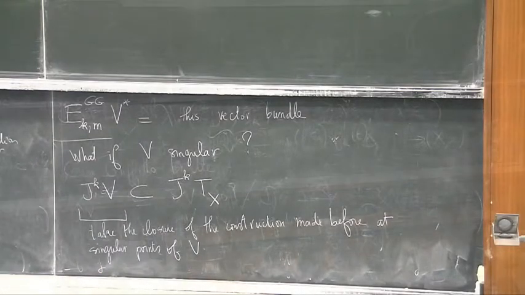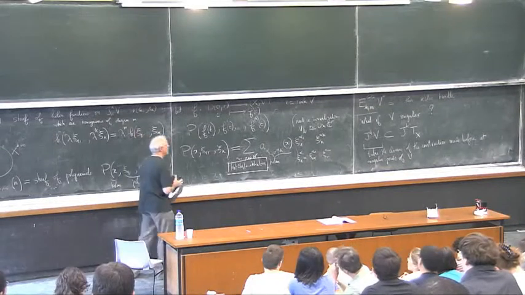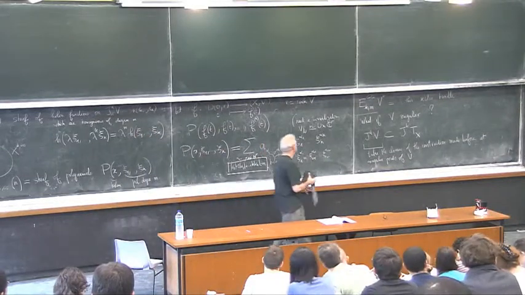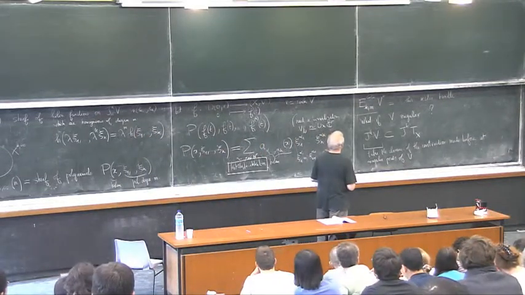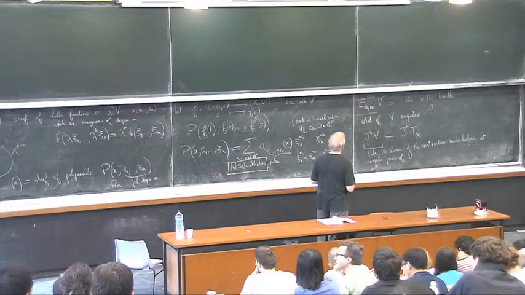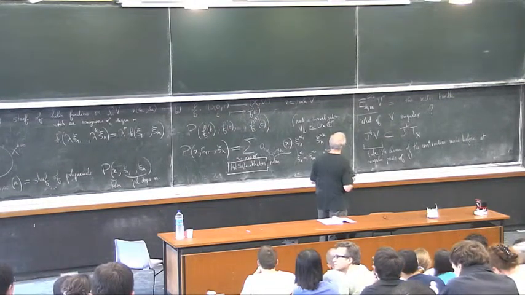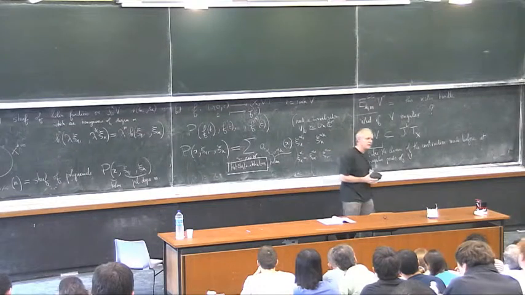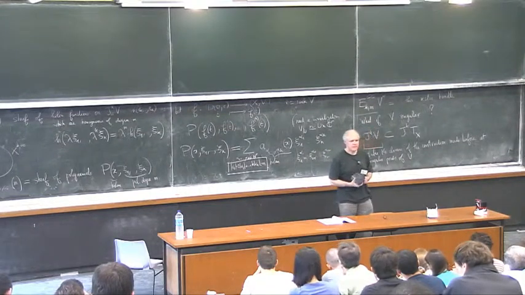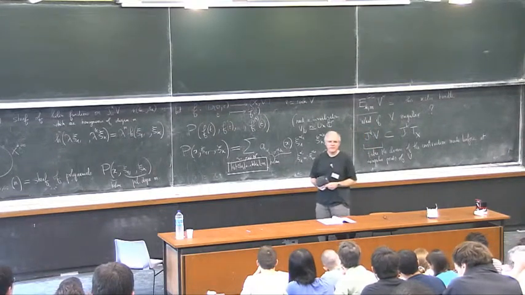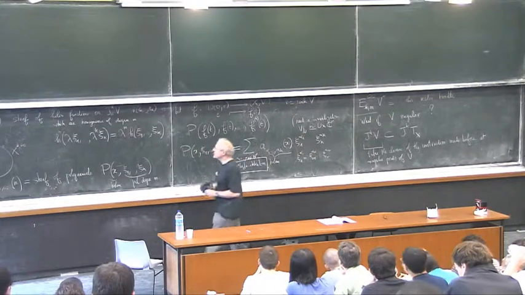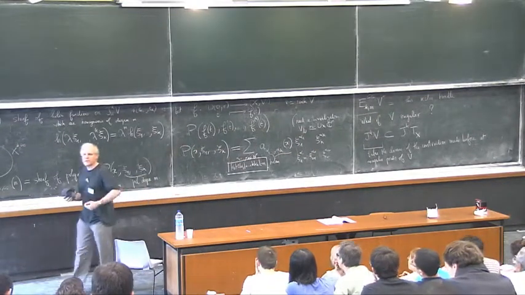Okay, so I still have about 10 more minutes. So maybe I will introduce now. Here you observe that we made the quotient by C star, but we have a bigger action, which is just by all biholomorphisms.